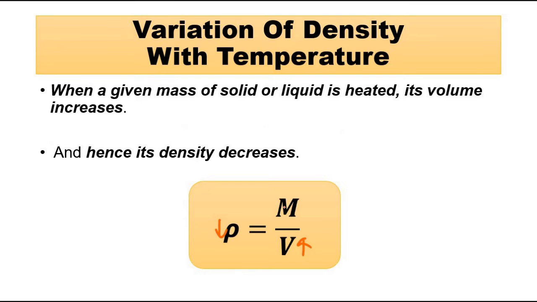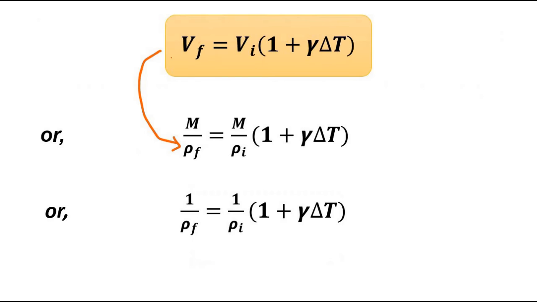Density rho is equal to m by v, so volume is equal to mass by density. So final volume is equal to mass by final density rho f, which is equal to the initial volume Vi, expressed as mass by initial density rho i, into (1 plus gamma delta T).